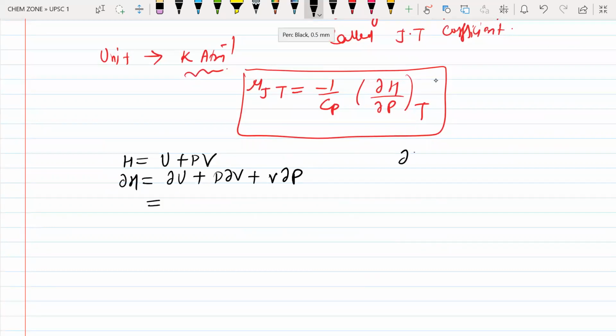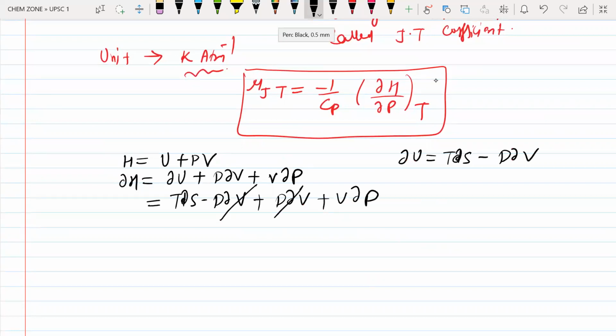Again, from the thermodynamic equation, we know that dU will be TdS minus PdV. So in place of dU, we can write TdS minus PdV. This PdV will be cancelled out. We can write dH is equal to TdS plus VdP.